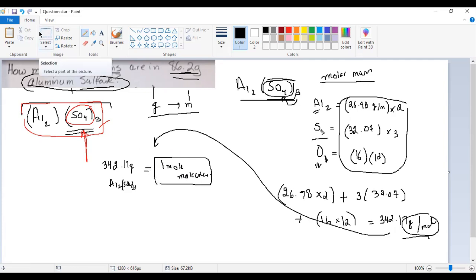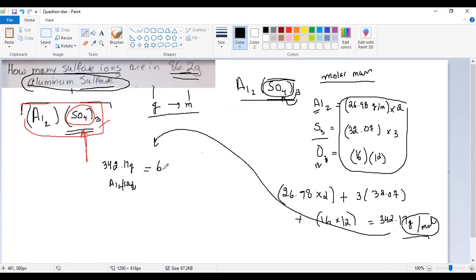The mole in this case, since we're dealing with a molecule, is in fact Avogadro's number of molecules. So what you actually have is 6.02 times 10 to the power 23 molecules in these many grams of aluminum sulfate.